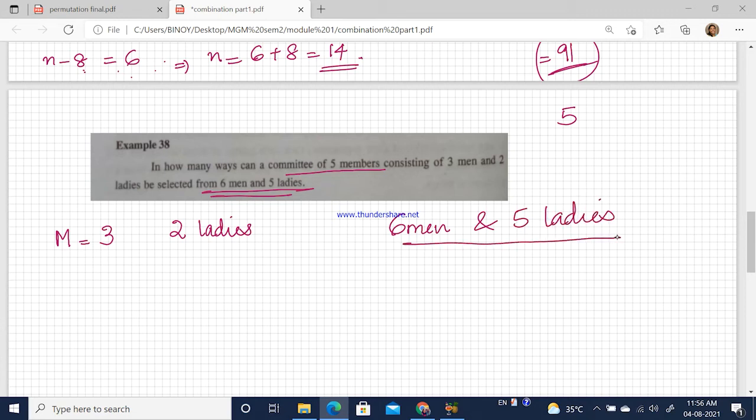From 6 men and 5 ladies, you need to generate a committee of 5, and it should consist of 3 men and 2 ladies.